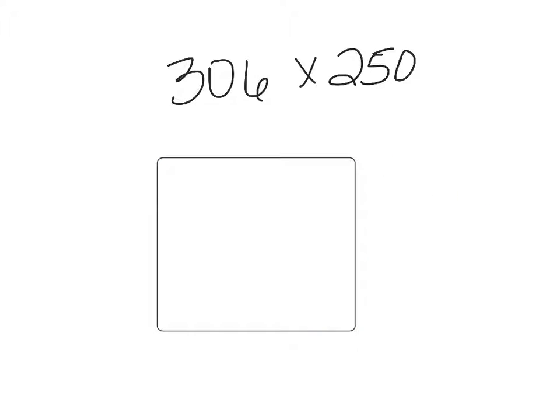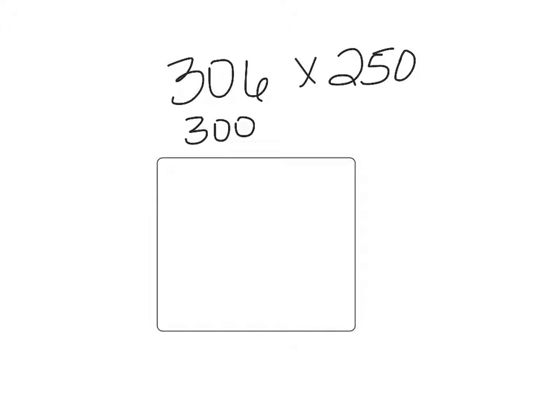I'm going to do one more rectangle method using numbers that have zeros in the place value to show you how you can make adjustments in your rectangle for those zero place values. So for this problem, we have 306 times 250, and I know that on the top we have 300.